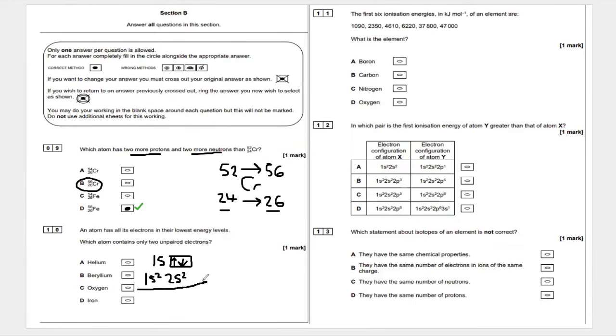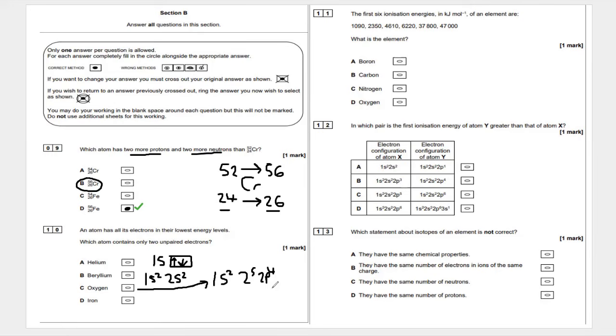However, if we take oxygen, guys, how many electrons has oxygen got? Well, oxygen has an atomic number of 8. And so it is 1s2, 2s2, 2p4.